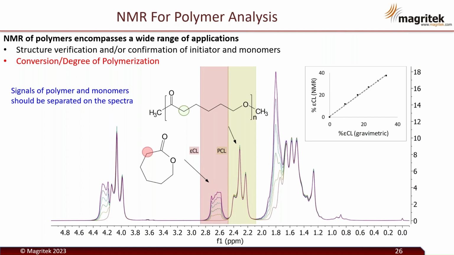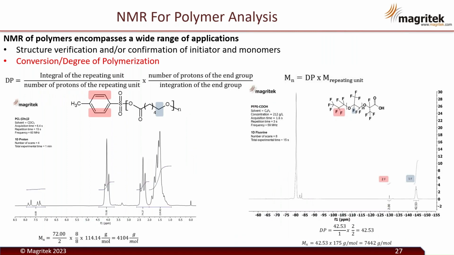To determine degree of polymerization through this, it's really quite easy through a simple equation. If you know the amount of protons or fluorines that correspond to that particular repeating unit versus an in-group signal, and you have the presence of the in-group signal within your 1D analysis, simple integrations can be used to determine degree of polymerization. Here to the left, we show a 1D proton in which we have signals that correspond to both the in-group and the polymer.